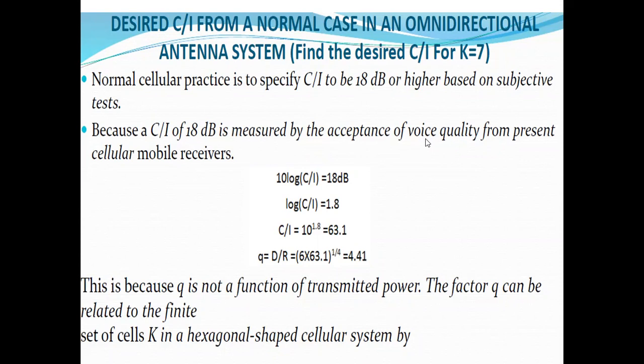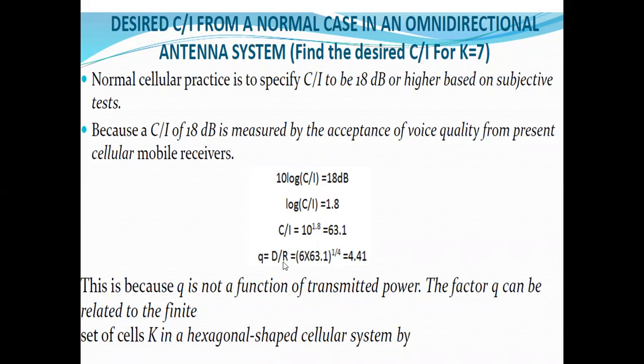This 18 dB is measured by the acceptance of the voice quality present on our cellular mobile phones. So 10 log C by I is equal to 18 dB. Then log C by I is equal to 1.8, because 18 is divided by 10. If I take the anti-log on both sides, I will get 63.1. So the carrier to interference ratio is 63.1.